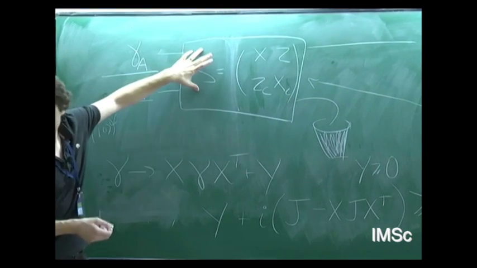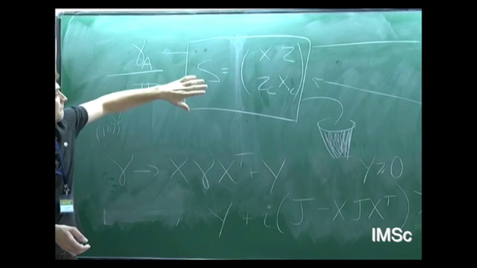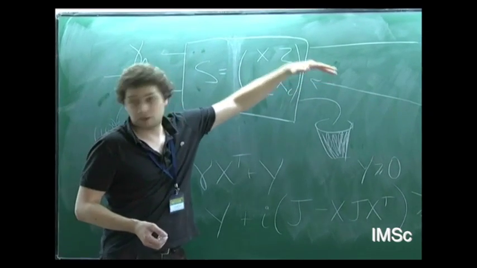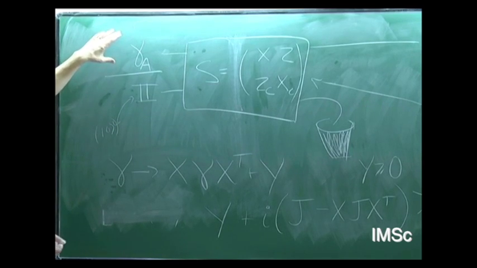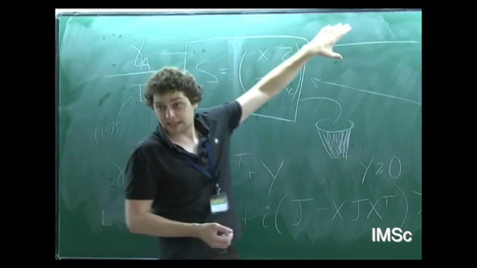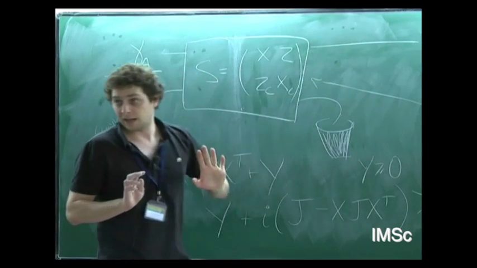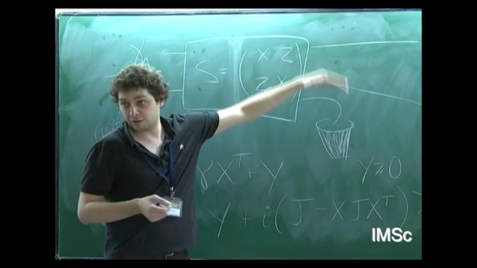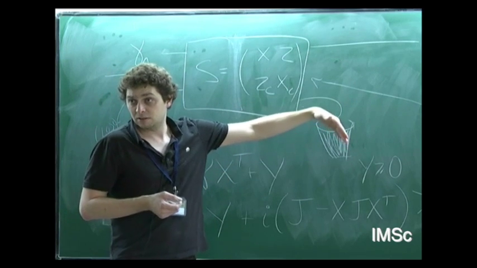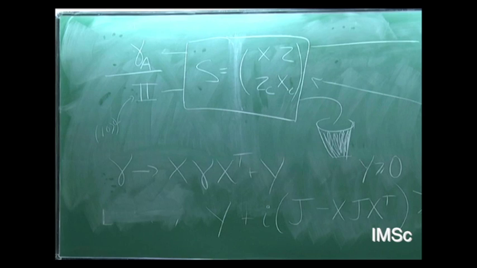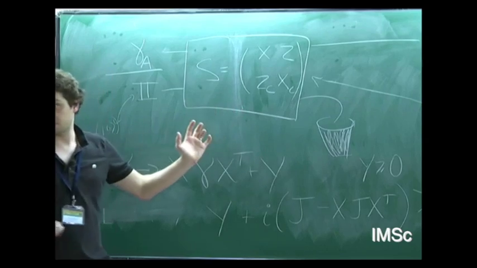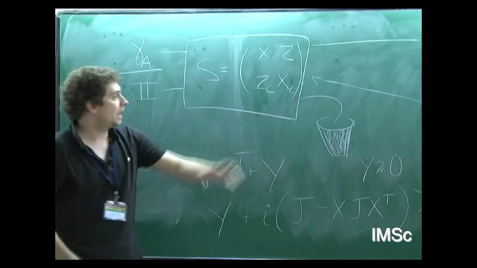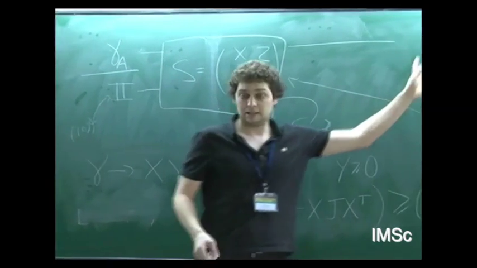I do some symplectic transformation, and then I trace out some portion of the variables. Now, the simplest case is if this input is the same size as that output, but it need not be. I can always just pick more or even fewer modes to trace out, and that will give me a different channel. So the most general form of a channel is going to be add some stuff, do a symplectic transformation, pick some things to throw away, and what remains is this.